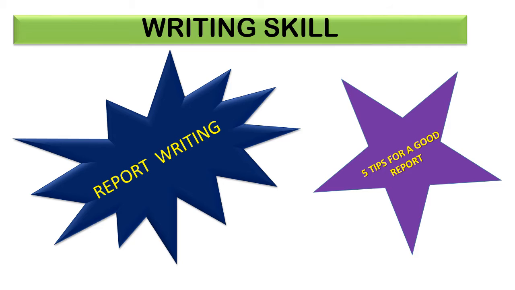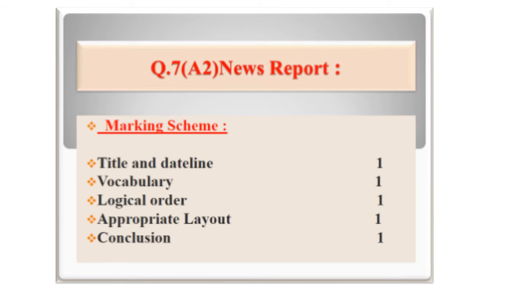Moving ahead, first I'll be discussing the marking scheme for report writing from the SSC point of view. Looking at the paper pattern of the news report, this question is asked in question number 7A2.